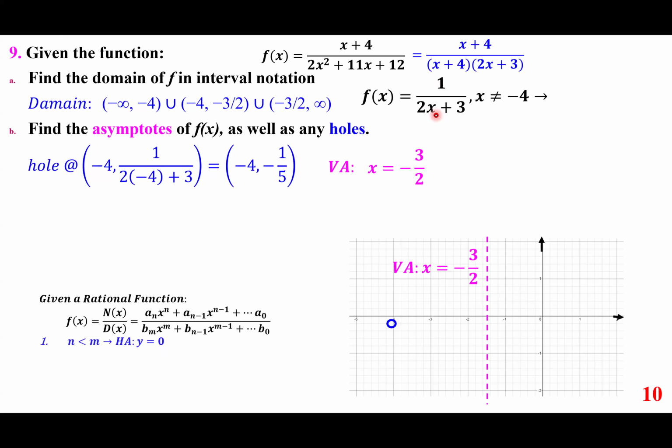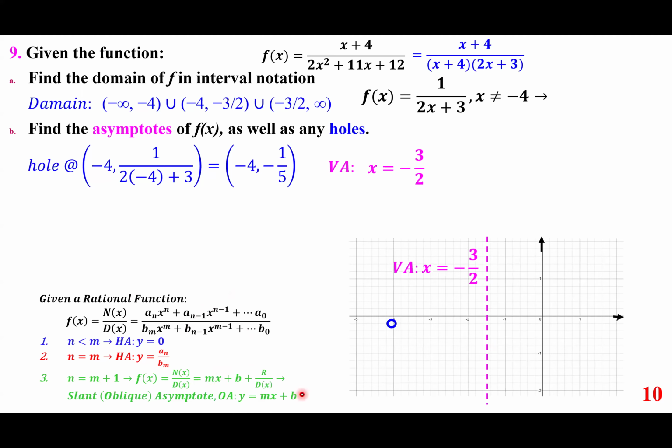But let's continue. If n equals m, in other words, the degree is identical, the leading terms will take over ultimately as x goes to infinity or negative infinity. And so the ratio of a sub n to b sub m, that is the equation for the horizontal asymptote, y equals that. And finally, if the numerator has a degree which is larger than the denominator by precisely 1, in other words, n equals m plus 1, you do long division, synthetic division, and you end up with mx plus b, and then some remainder.